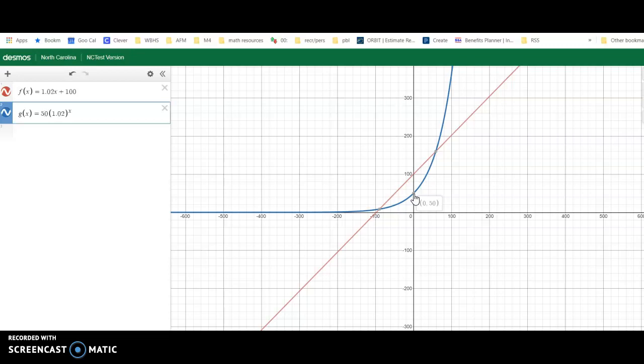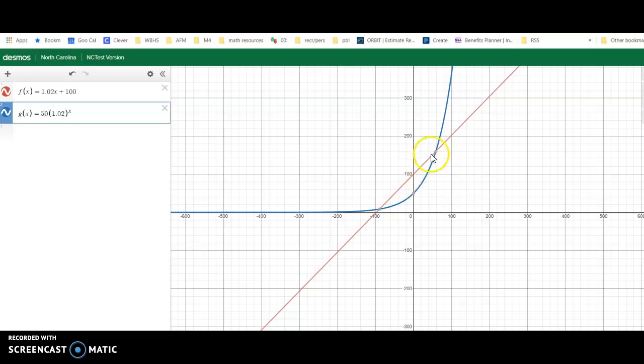But that's actually not what they asked us. What they asked us for was the smallest positive integer that I could possibly have if I looked at these two functions, and they want to know when g of x, the blue line, is greater than f of x, the red line.